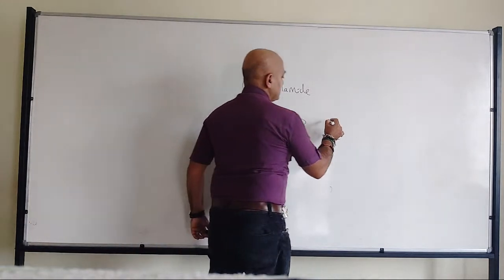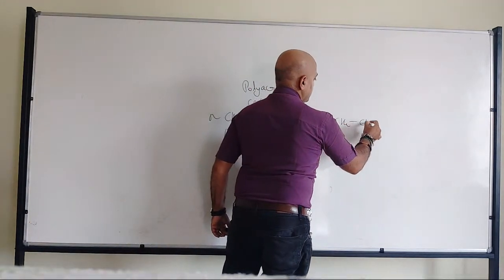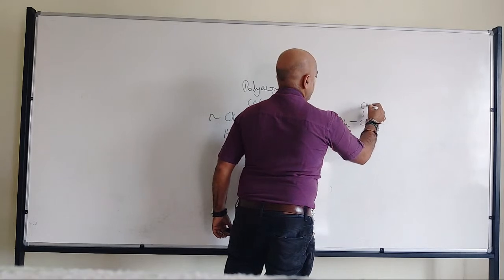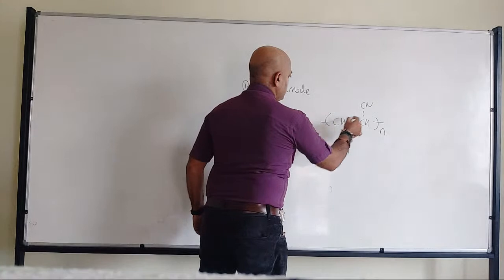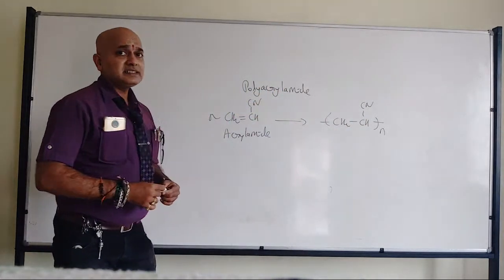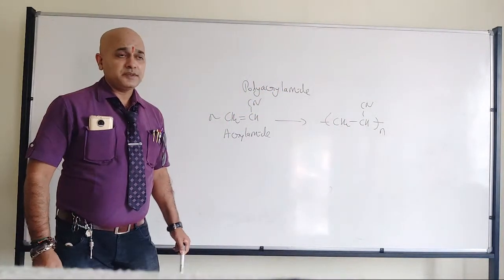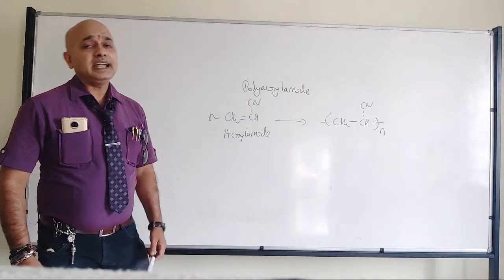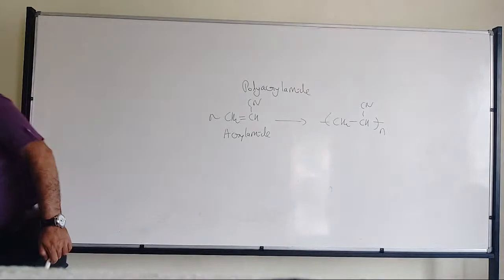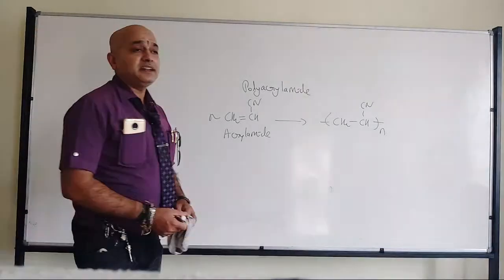Once again, radical mediated, they will become just like PVC only, but instead of Cl it will be CN. Nitrile group will be there. Okay. So therefore, polyacrylonitrile we can also call this one as polyacrylonitrile.